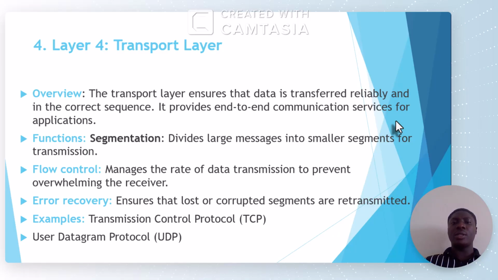The functions: segmentation divides large messages into smaller segments for transmission; flow control manages the rate of data transmission to prevent overwhelming the receiver; and error recovery ensures that lost or corrupted segments are retransmitted. Transmission Control Protocol, TCP, and User Datagram Protocol, UDP, are examples of transport layer protocols.